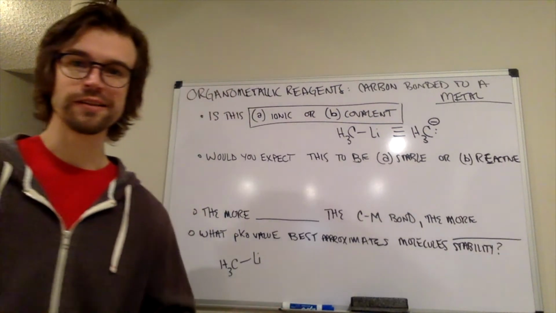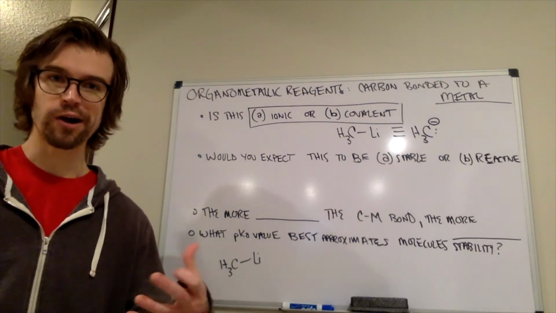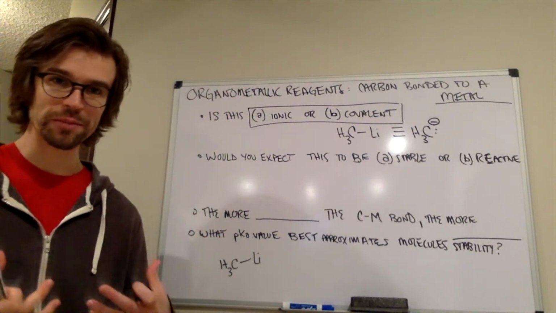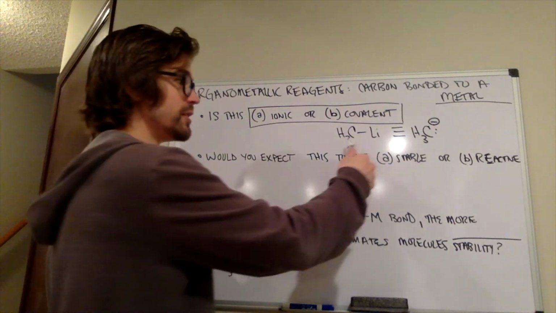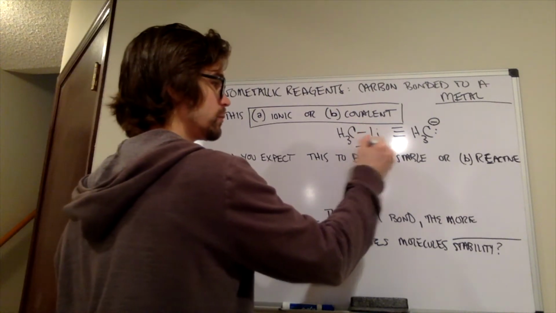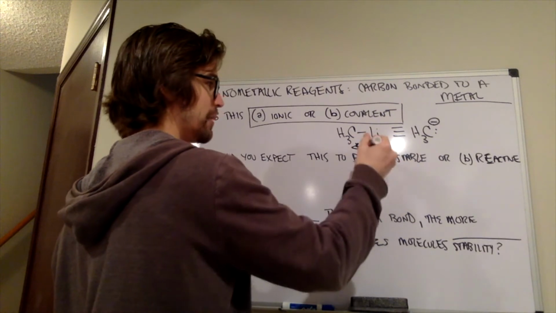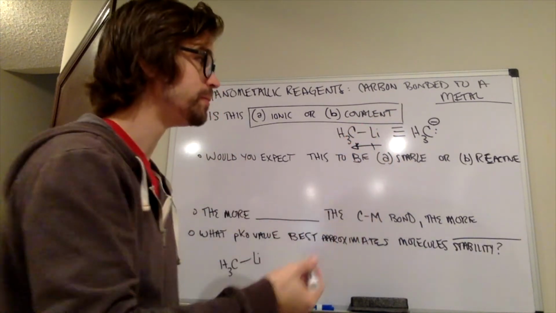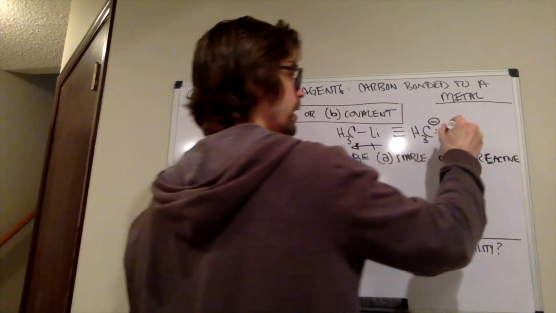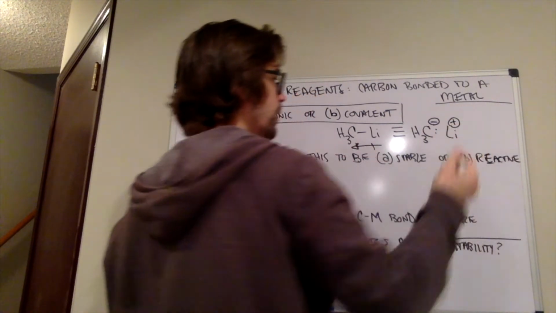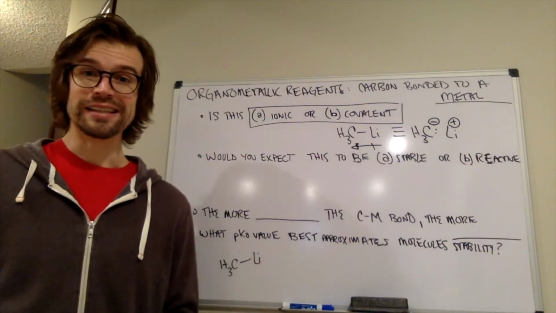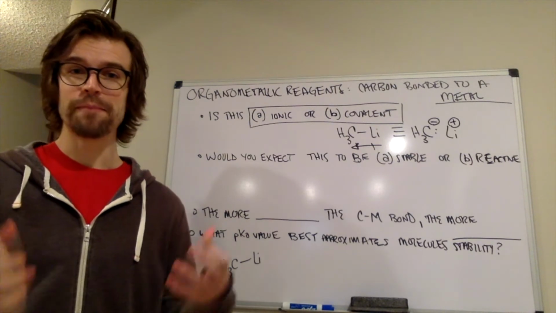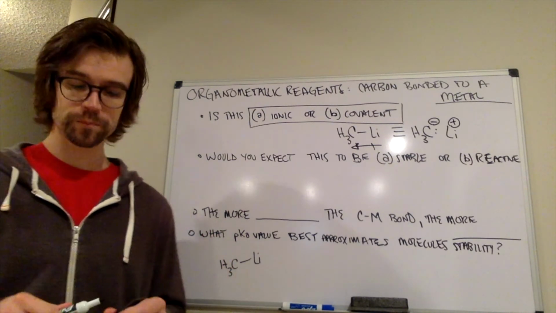And again, why is the lone pair on the carbon and not the lithium? Well, the carbon is a lot more electronegative. It's going to be pulling those electrons toward it. So even if it's drawn as a bond, we can recognize that it's highly polarized toward the carbon, the partial negative being there, and we'd have the lithium here. So essentially the answer is it's not ionic, it's not covalent, it's got parts of both in it.